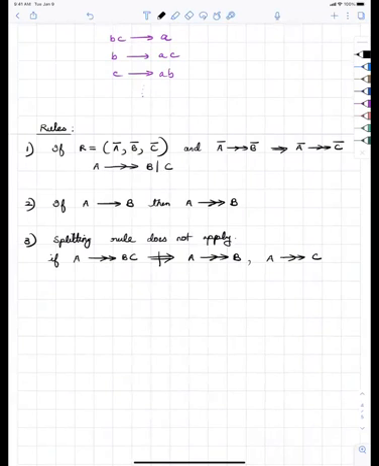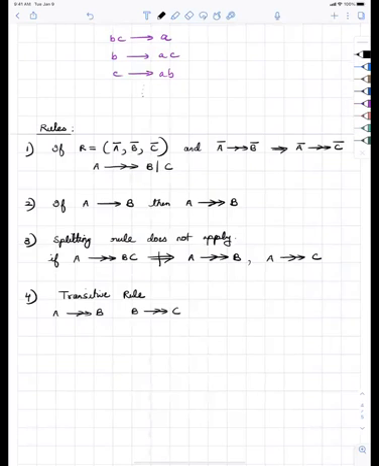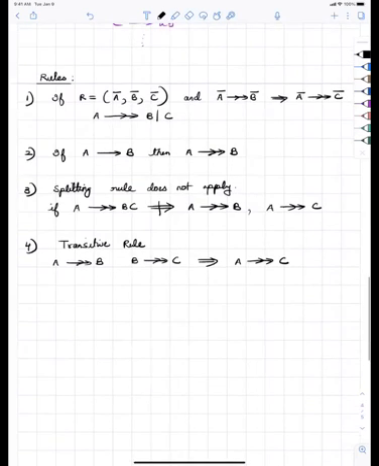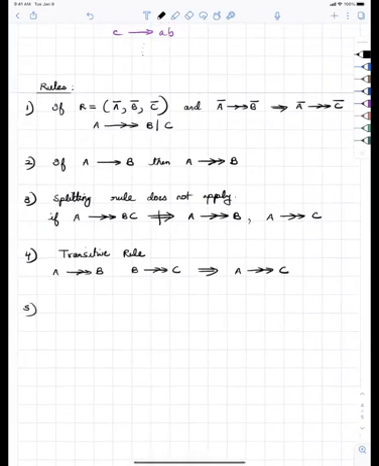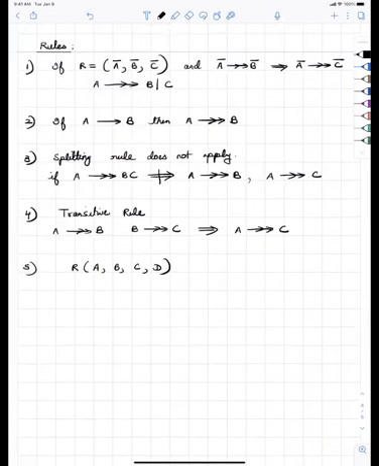Then we have rule number 4, which is the transitive rule. If A multi-value determines B and B multi-value determines C, that will imply, just like functional dependencies, that A multi-value determines C. And then we now have A, B, C, D, or you can put it as A bar, B bar, C bar, D bar.